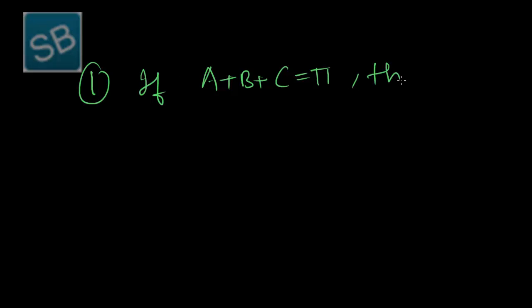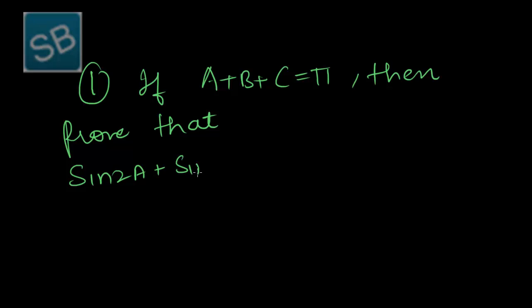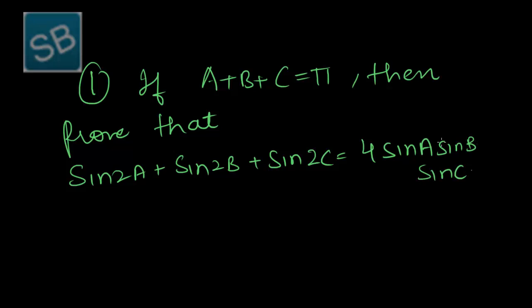Now to understand conditional identity, we will do some problems which are based on conditional identity. So the first problem is, if a plus b plus c is equal to pi, then prove that sine 2a plus sine 2b plus sine 2c is equal to 4 times sine a sine b sine c.